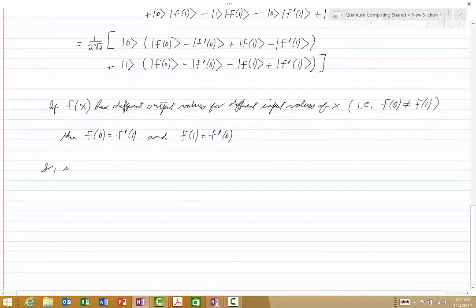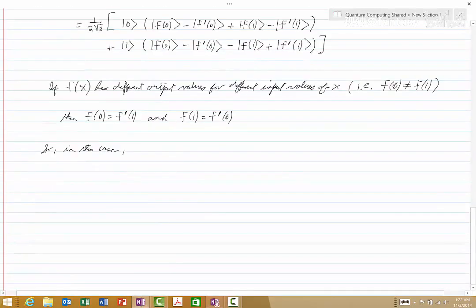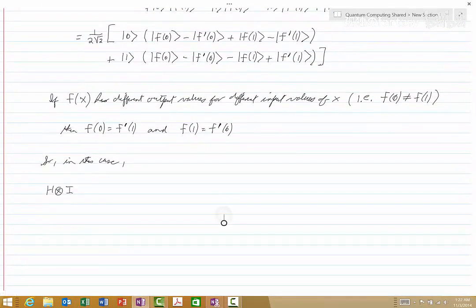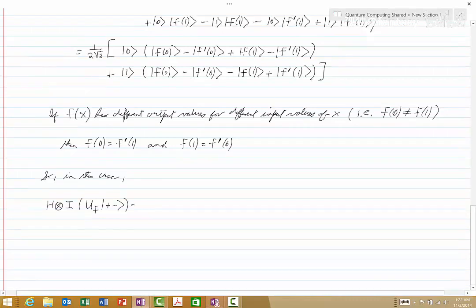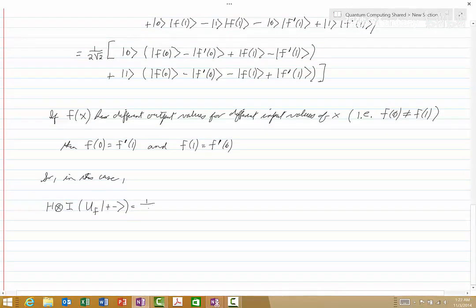So, in this case, H cross I operating on U sub f of plus minus would be equal to 1 over 2 times the square root of 2, and let's see now what we'll get.